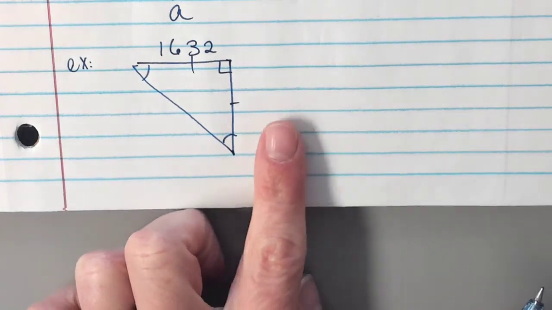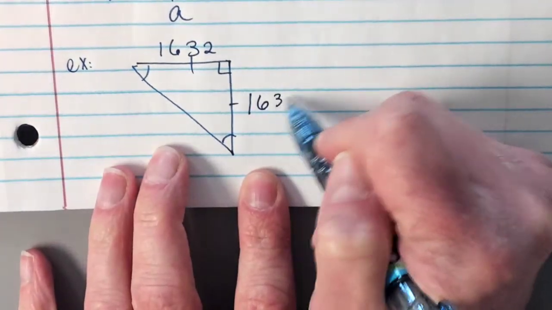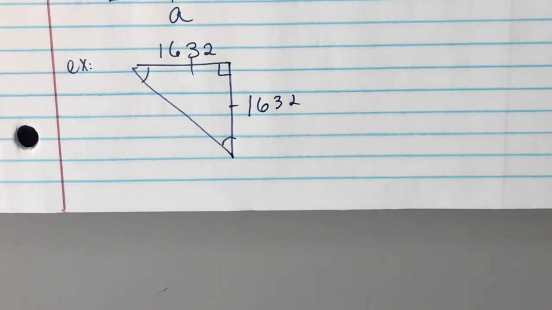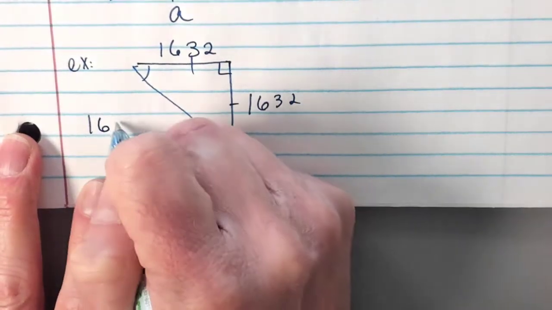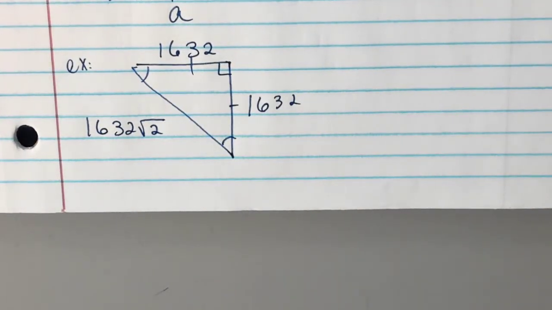What's the length of the right-hand leg? It's the same. It's that number, 1632. And without doing any math, because the pattern holds, the hypotenuse is 1632 root 2. Done. Every single time on a 45, 45, 90, the hypotenuse is root 2 times the leg.